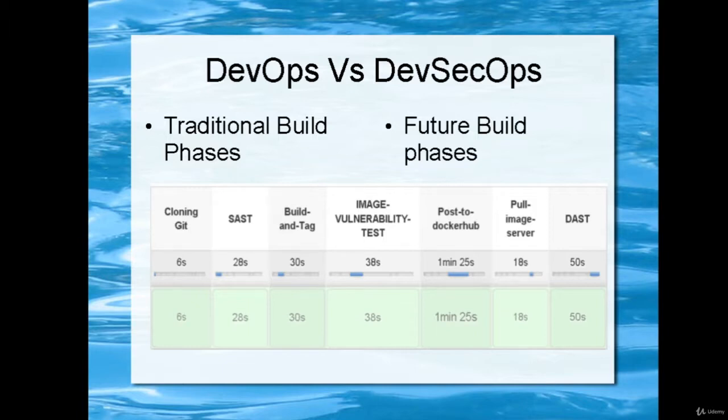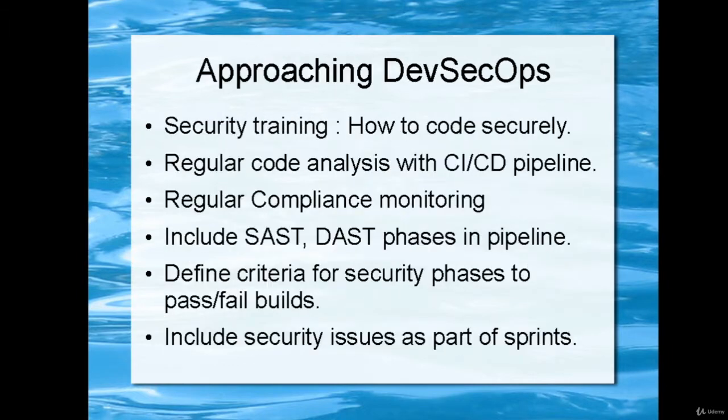Similarly, we can put conditions in DAST and the image vulnerability test. It is totally based on the discussion between the security team, the development team and the higher management. So we can come to a point and discuss how many vulnerabilities we can pass and how many we can fail, and the condition can be decided on that.